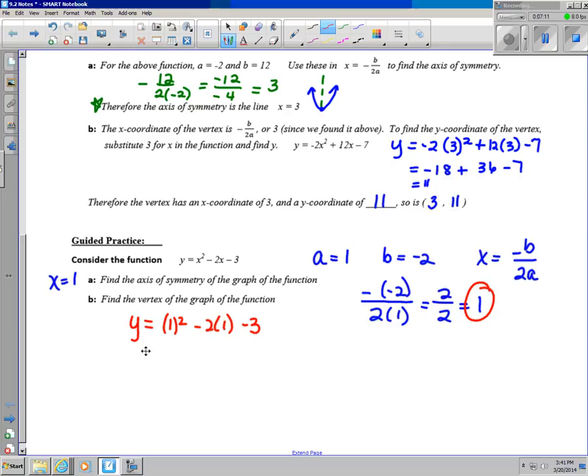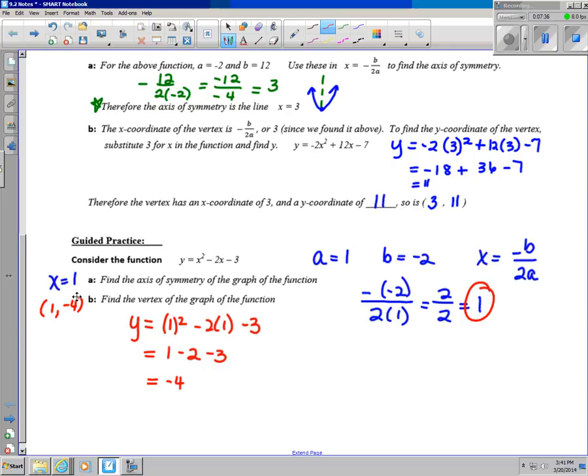So 1 squared is 1, -2 times 1 is -2, and then minus 3. So we end up with 1 minus 2, which is -1, and -1 minus 3, which is -4. So our vertex ends up being (1, -4).